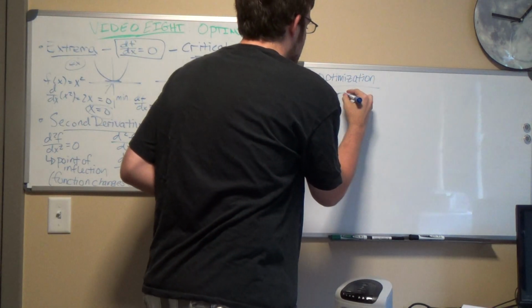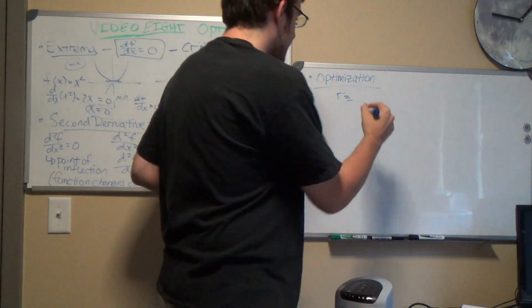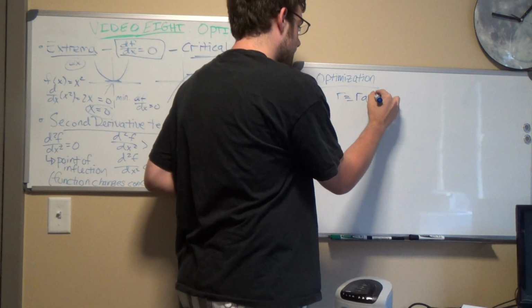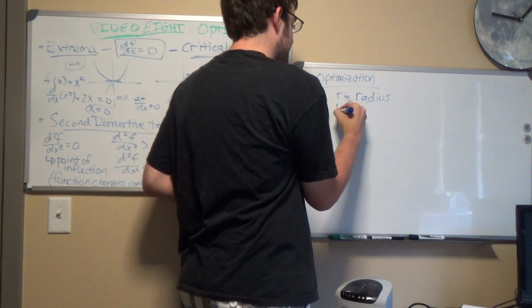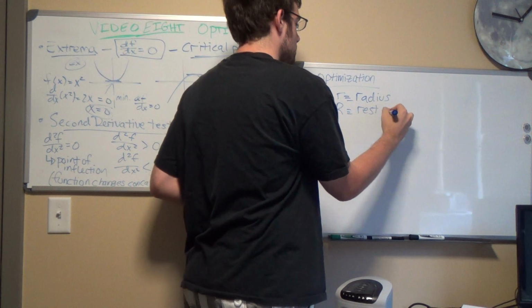Okay, so little r is defined as the radius, and capital R is defined as the rest radius.